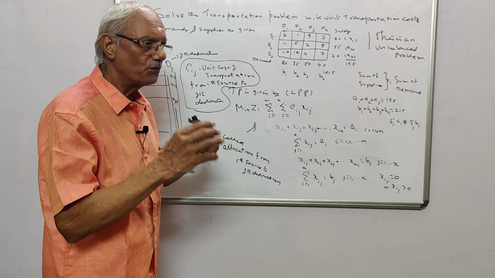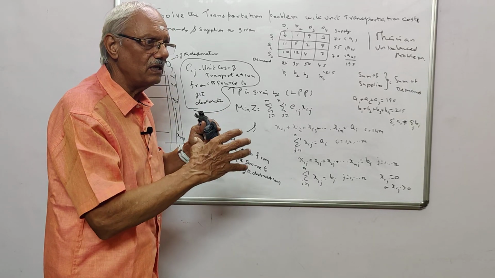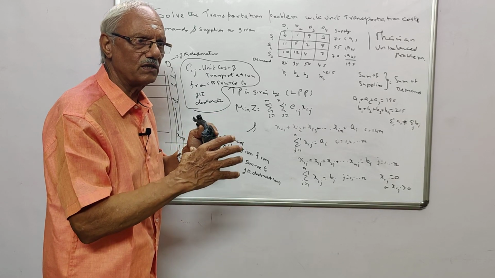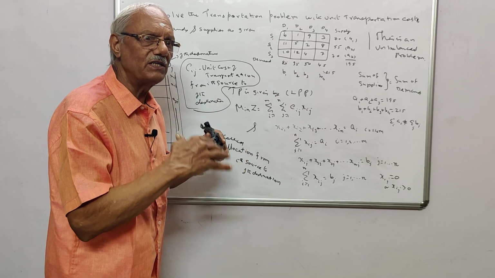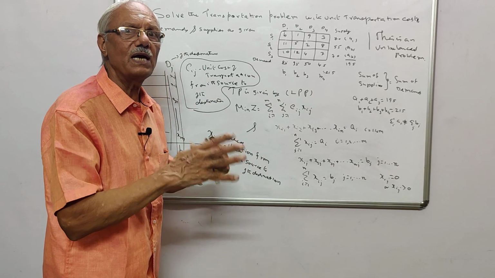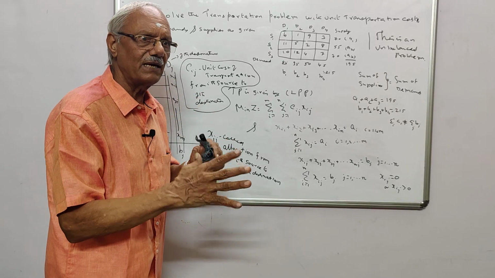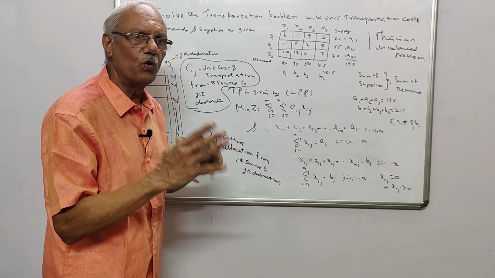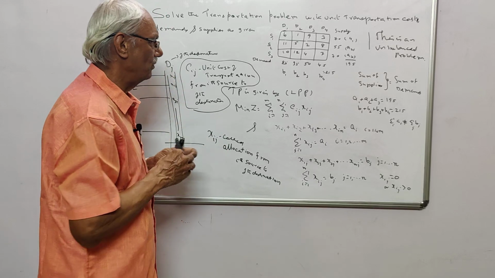I'll first teach you how to find the solution using Vogel's approximation method. After that, in another class, I will teach you how it has to be optimized further. So in this class I will teach you only how to use Vogel's approximation method to get the solution.